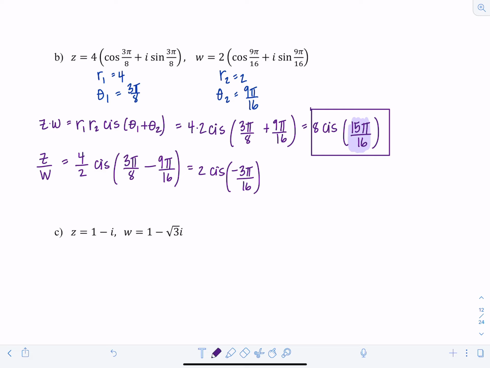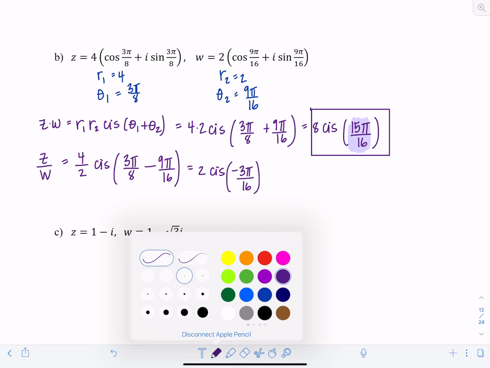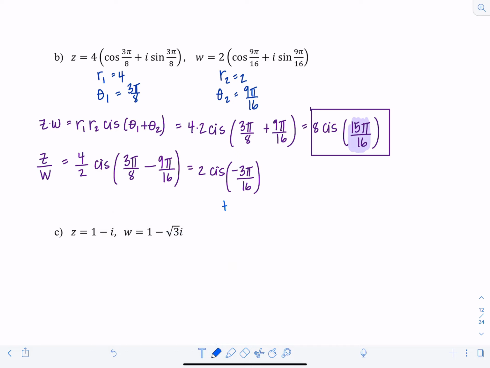And that's a no-no because remember, theta has to be between 0 and 2 pi. So what I'm going to do is add 2 pi. But 2 pi, if I'm getting a common denominator, is 32 pi over 16. So 32 pi and a negative 3 pi, my final answer is going to be 2 cis 29 pi over 16. Lovely. Okay.